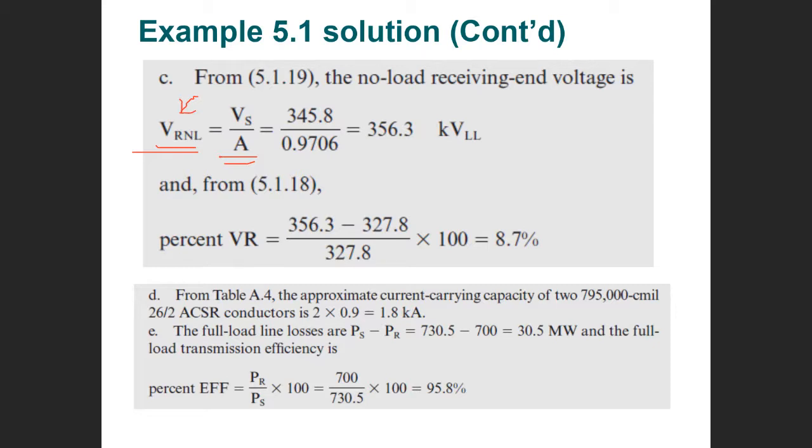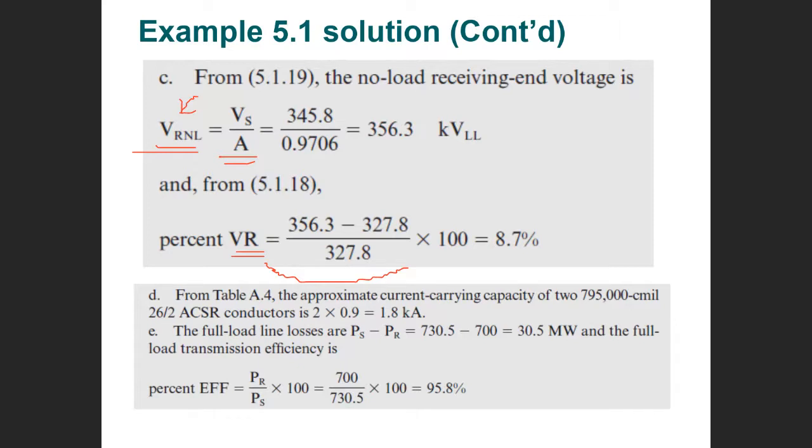Because in power systems, we don't want the voltage to vary that much. So we want to know what will be the voltage at no load, or maybe heavy load. We do it by the percent voltage regulation. This VR means voltage regulation.